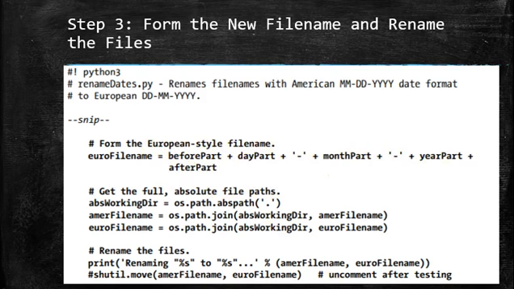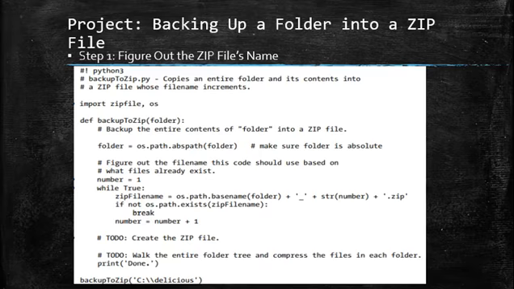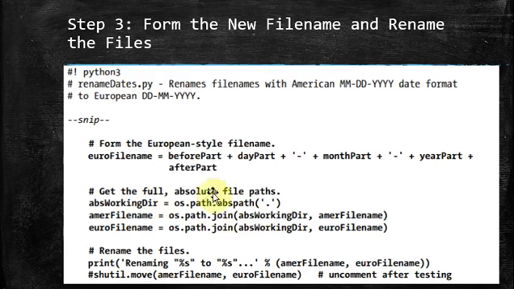Okay, and the next step: we have formed the European style file name, and we have done that. After that you have to get the full absolute file path. So that is what we are going to do in the next part, that is, get the full path and the file name. The concatenated string we have in a variable, European file name.